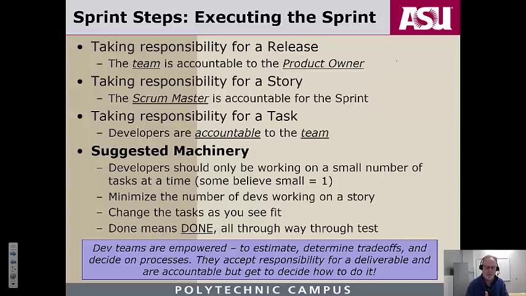And the developers have an accountability to the team as a whole to work through their tasks in a timely fashion and obey the rules of Scrum for doing so. I'll give you an example. On my class projects, I ask that students only be working on two tasks at a time.